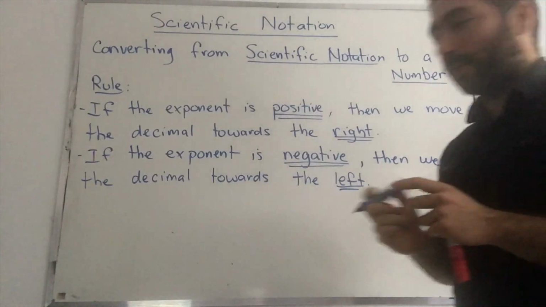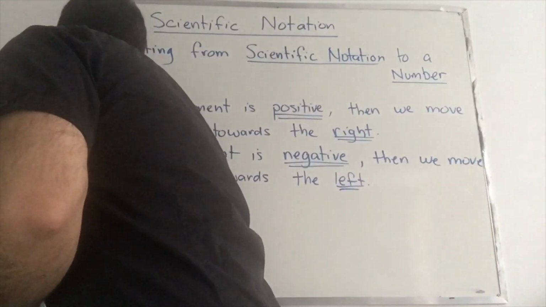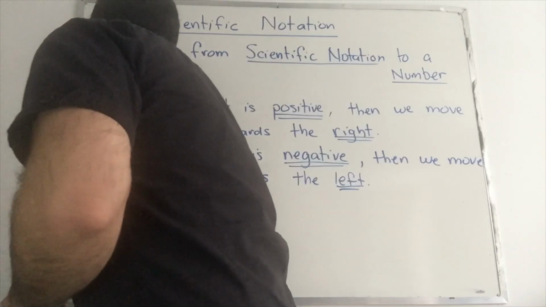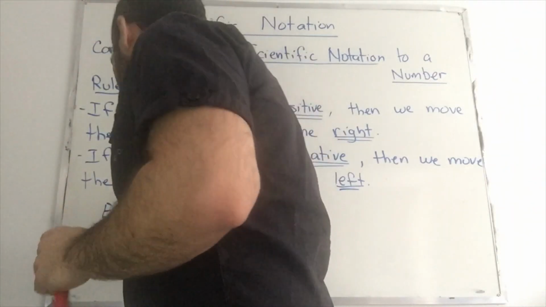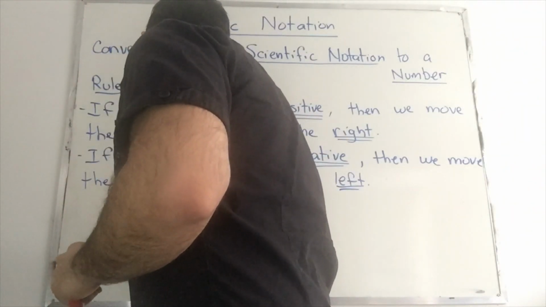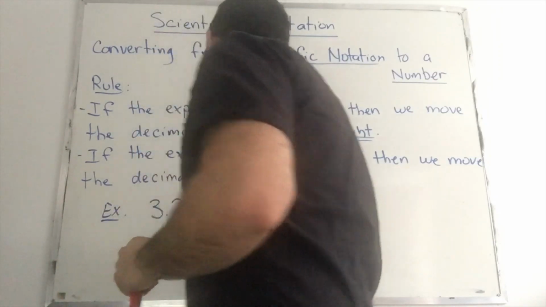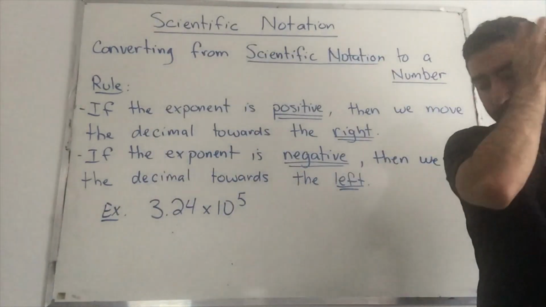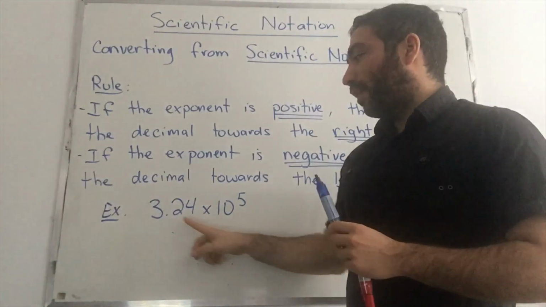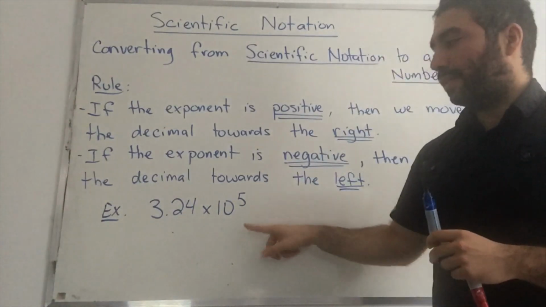Let's take a look at an example. Let's consider the number 3.24 times 10 to the 5. Notice first, is this written in scientific notation?